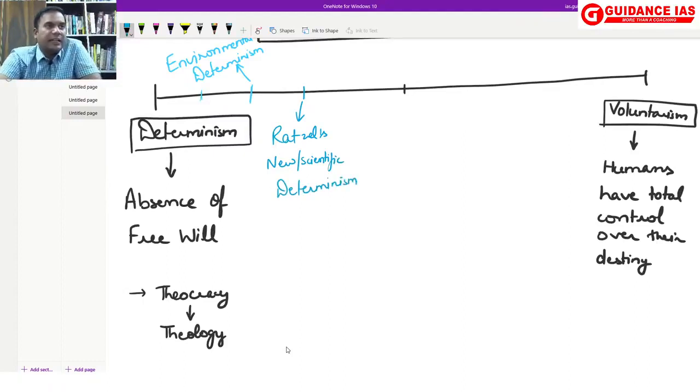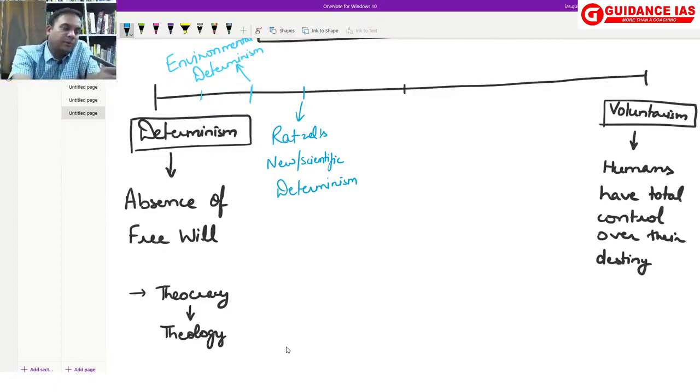Ratzel's new or scientific determinism. ठीक है, we have already seen, याद है हमने बात किया था how Ratzel's writing was, he was not fully conclusive in his writings. His writings were more indicative. He always left scope in his writing for some possibilism, and we saw that that was the thing which motivated Vidal to ultimately propound possibilism. So there I will put Ratzel.